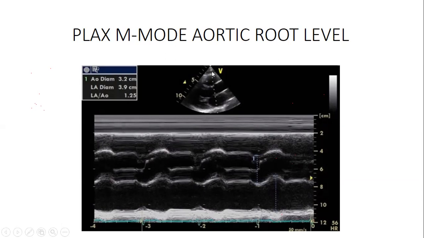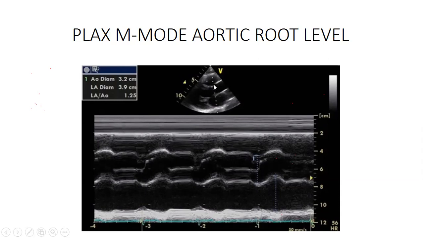I put my M mode nicely across the right ventricle, from there up to here, and then from here up to here, this is the aortic root, and from here up to there, this is the left atrium. And this is being depicted down here. So from here up to here is a distance from here up to here, that is the structure down there.